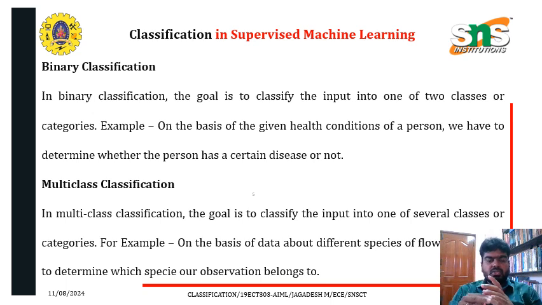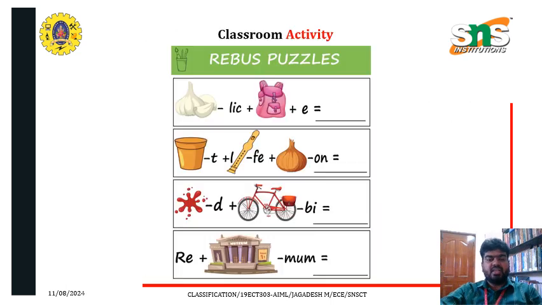Next to binary classification, we have another type, multi-class classification. In multi-class classification, the goal is to classify the input into one of several classes or categories. For example, on the basis of data about different species of flowers, we determine which species an observation belongs to. So this is a multi-class classification.